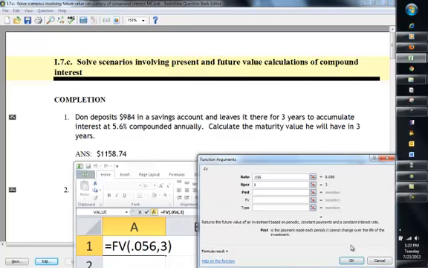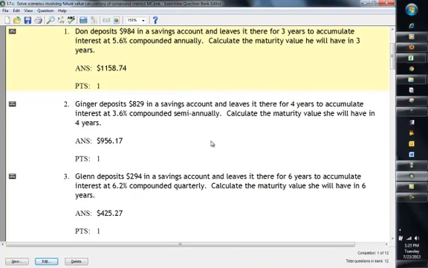The payment, there isn't one, but the present value is $984. And if you see, you get $1,158.74, which is what we got. Now, if you want it to be positive, really this should have been negative, but don't worry about the sign.